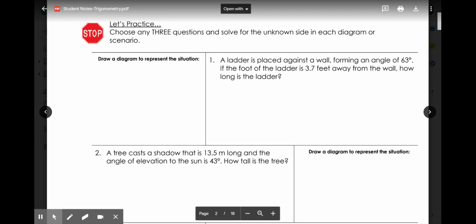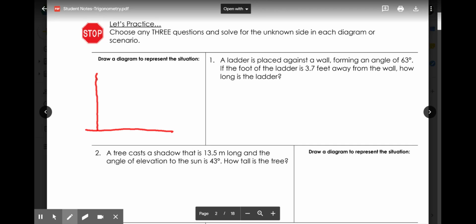Okay, let's do this first Let's Practice question. A ladder is placed against a wall, forming an angle of 63 degrees. If the foot of the ladder is 3.7 feet away from the wall, how long is the ladder? Okay, so let's draw ourselves a picture. That's often a great way to visualize what's going on in the question. So I'll draw the house wall. Okay, here's the ground.